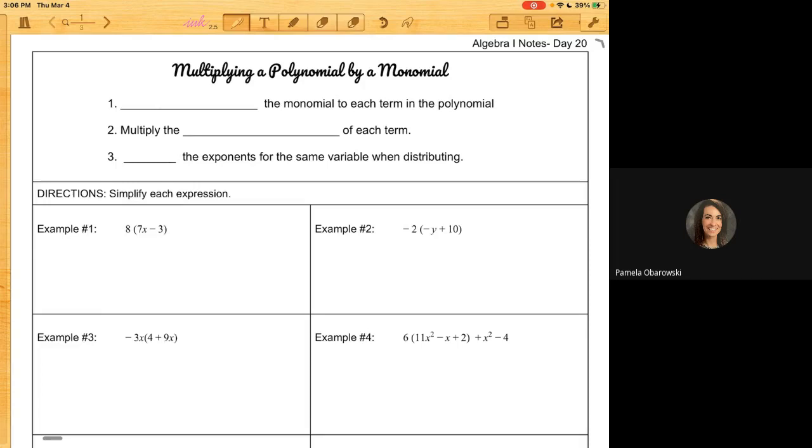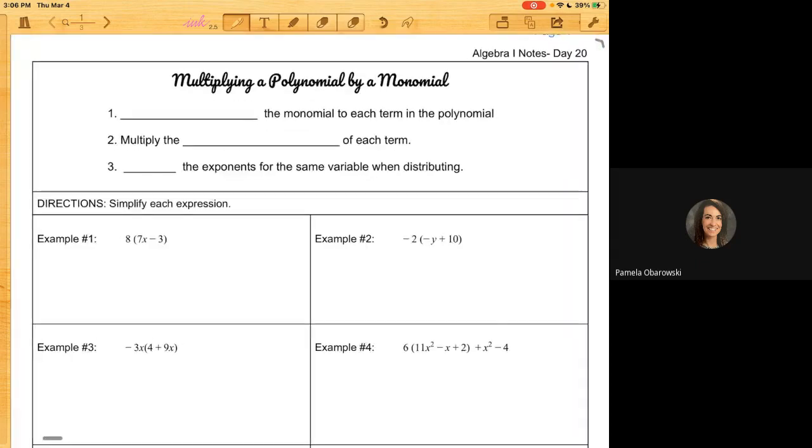What we'll be doing today is distributing a monomial to each term in the polynomial. I'll talk more about that as I do an example.